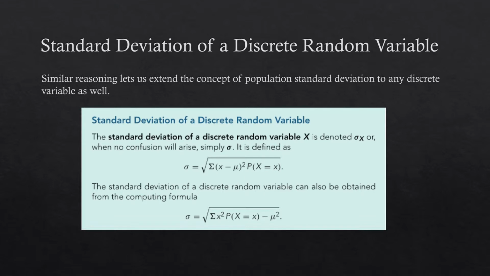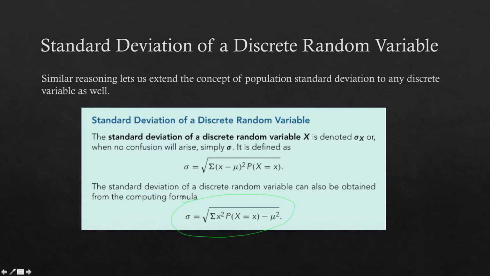Now, similar reasoning lets us apply this same mode of thought to standard deviation. So here's our computing formula for standard deviation. This is the one I'm going to use when I do my calculations. I would recommend that you use the same one.